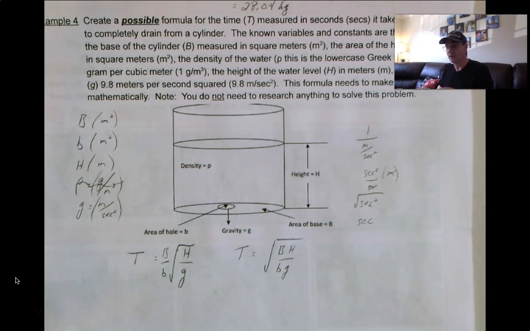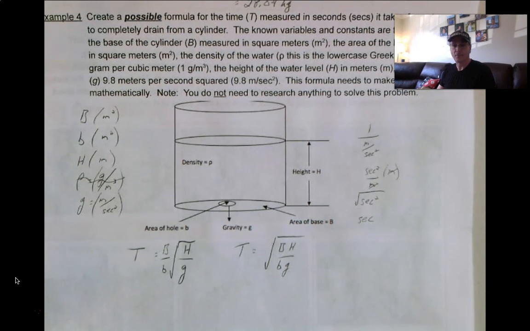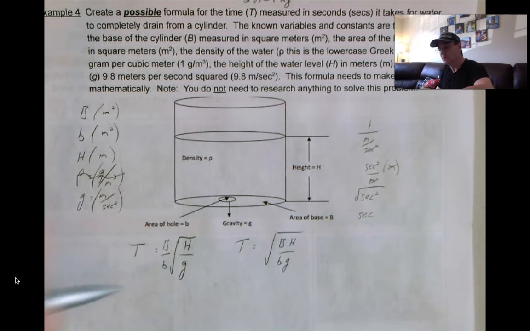Okay, these are possible formulas. I believe that there are 4 possible formulas that could work here. 4 different variations of these. I don't care which one is the actual one. I'm just saying that these are the ones. So what are the others?